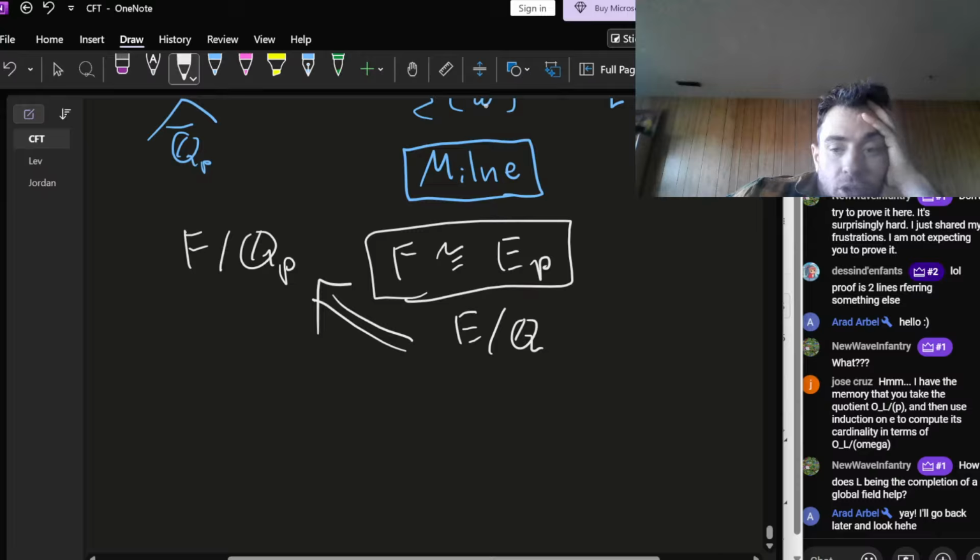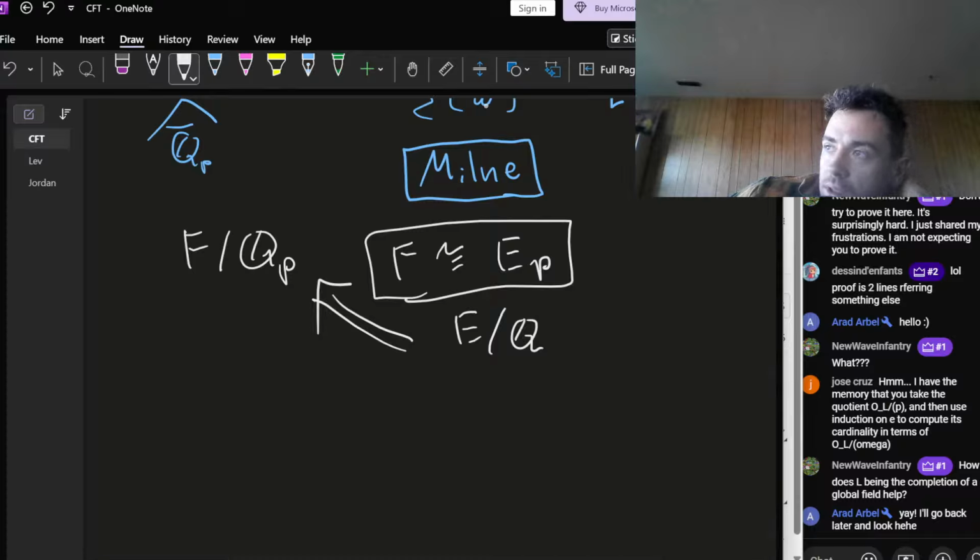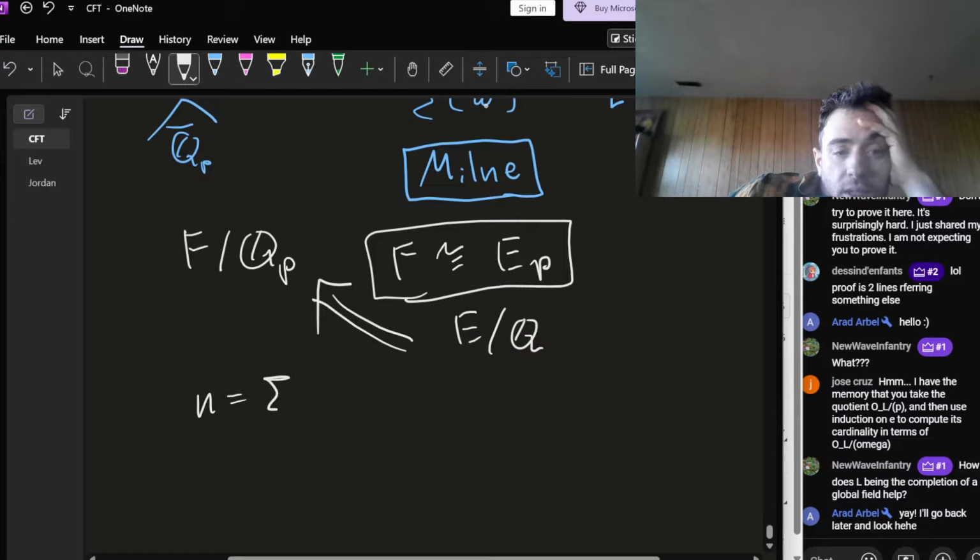as one would expect, we should have compatibility of these conditions, right? So we have N is the sum of e_i over f_i, right?